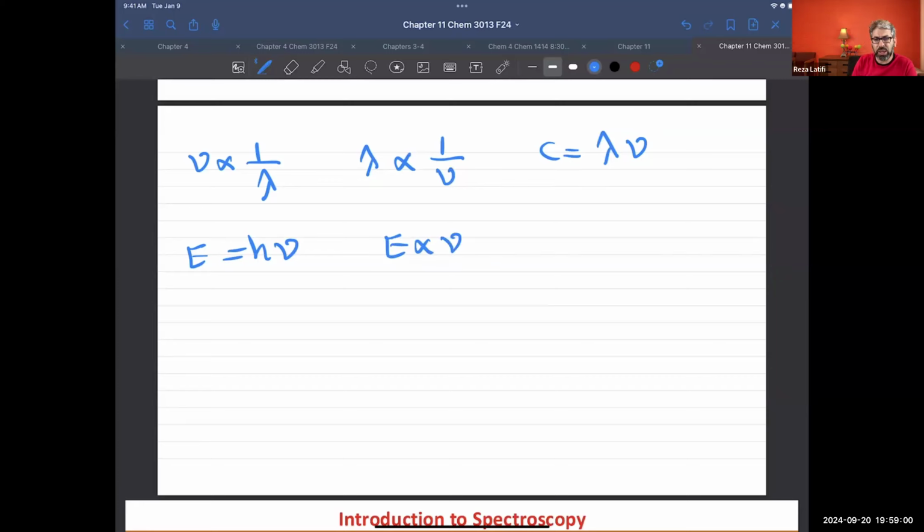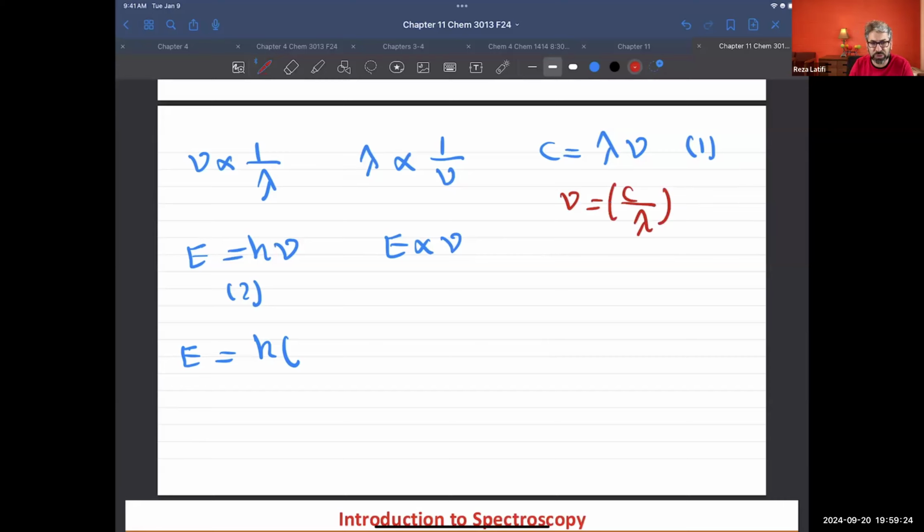Now, I want to know what will happen if I play with the wavelength. Let's call this one 1 and this one 2 and pair those two. So we're going to get energy equal to h multiplied by nu. Here, we want nu to be equal to c over lambda.